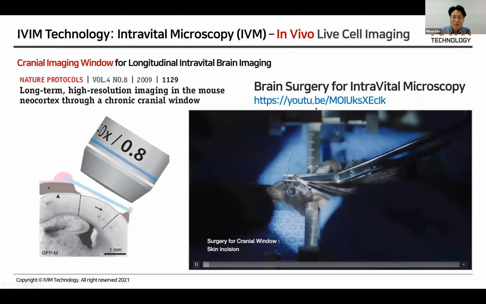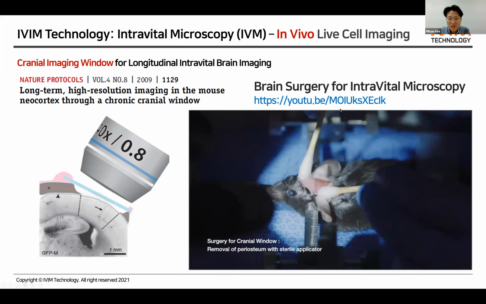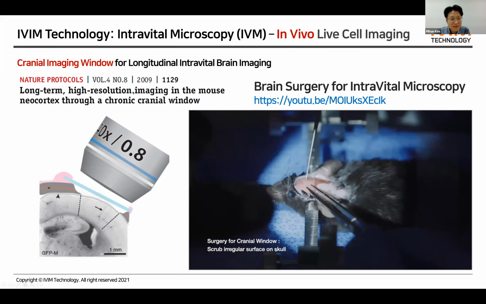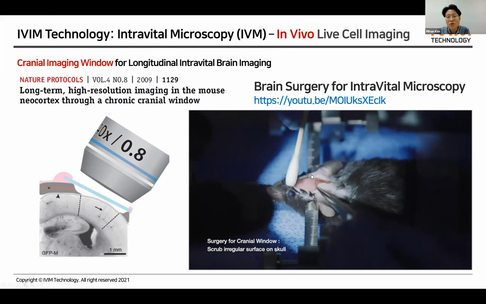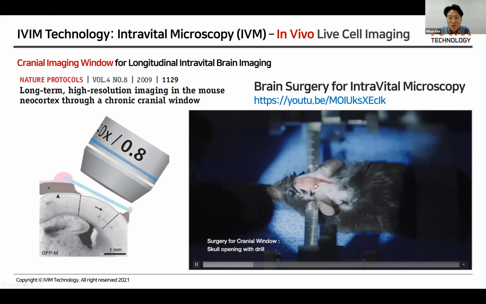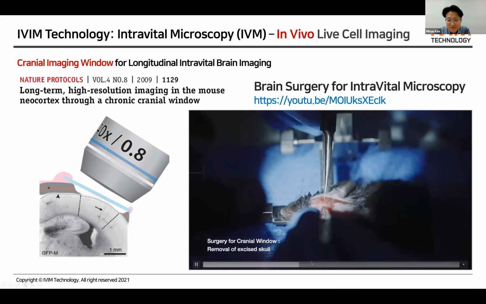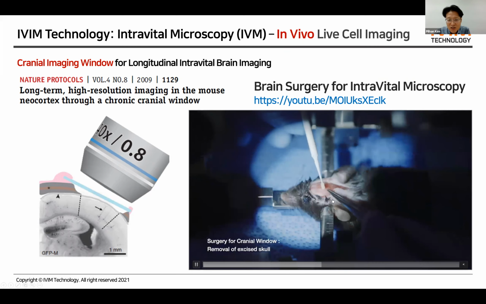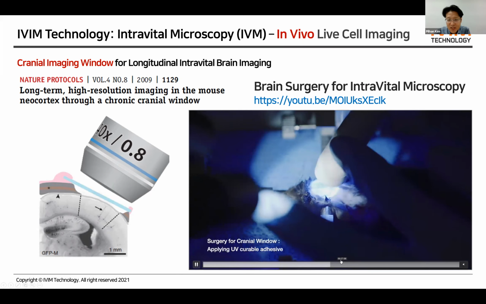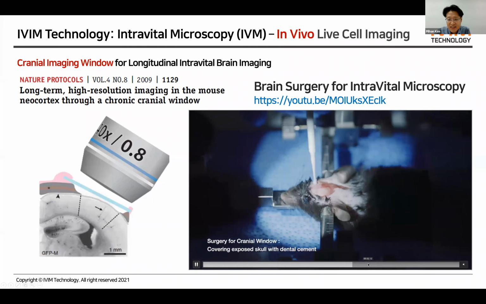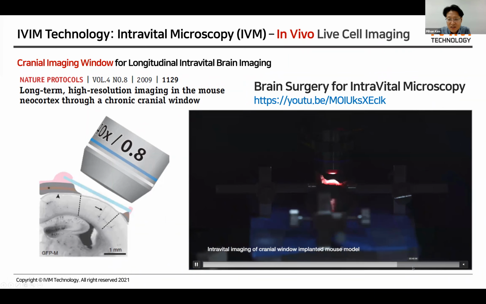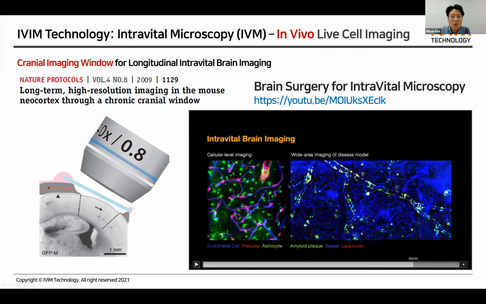Again, we have a YouTube video of the surgical procedure for this cranial imaging window implantation. Basically, we use a small drill to remove the skull, put the glass, then the resin, and use UV to cure the resin. In this setting, we can image the brain for a very long time.